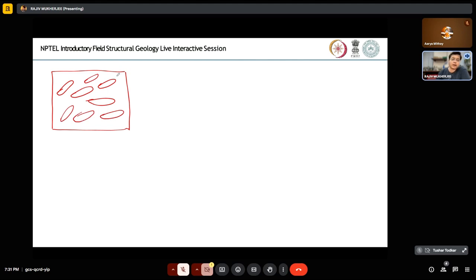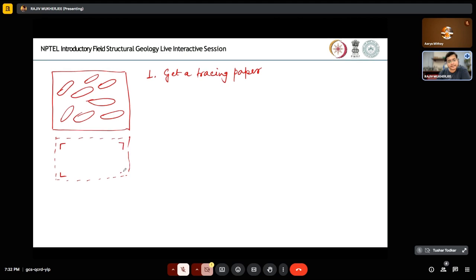Now, what I need to do first is get a tracing paper, and using the tracing paper, I first reference the tracing paper with respect to the markers.